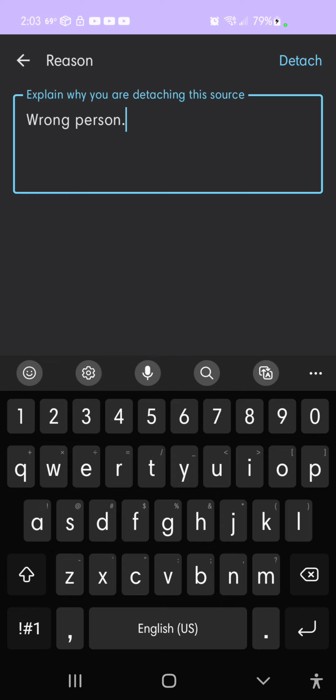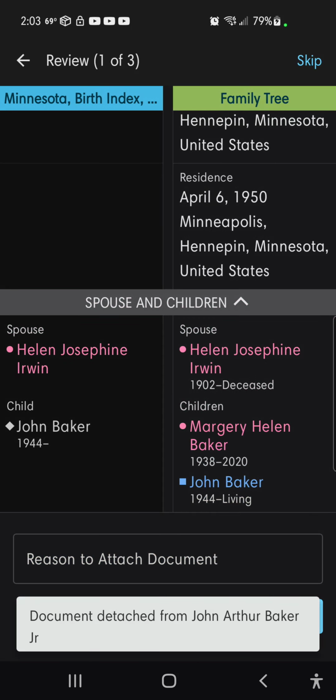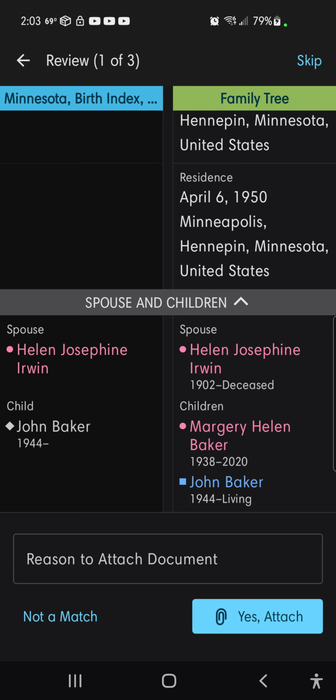Hate it when that happens. People do all this work and they just don't even pay attention. They didn't even notice that the guy's wife's name was completely different. It's ridiculous. You have to examine all your points of data in order to establish whether any given record belongs with a certain profile or in a certain family.